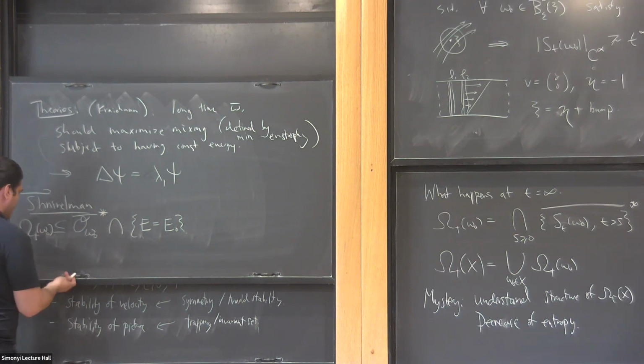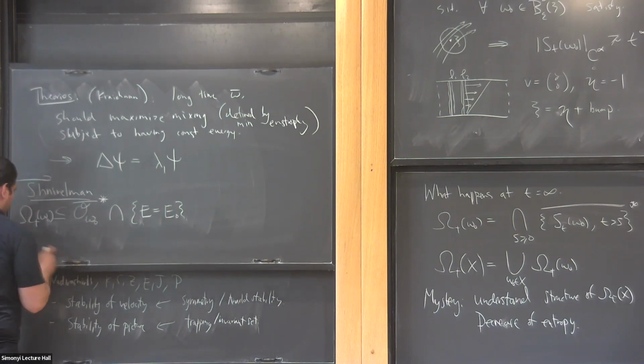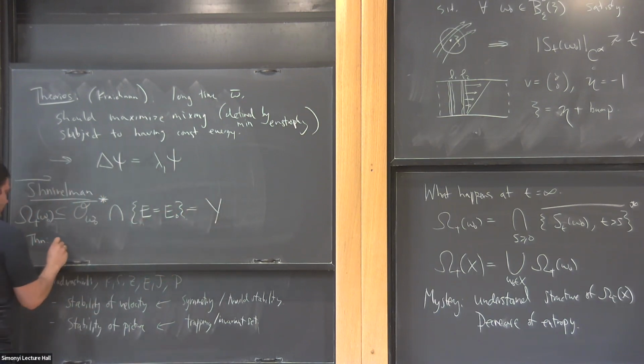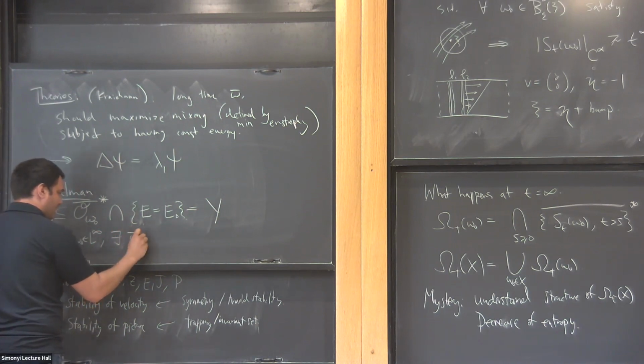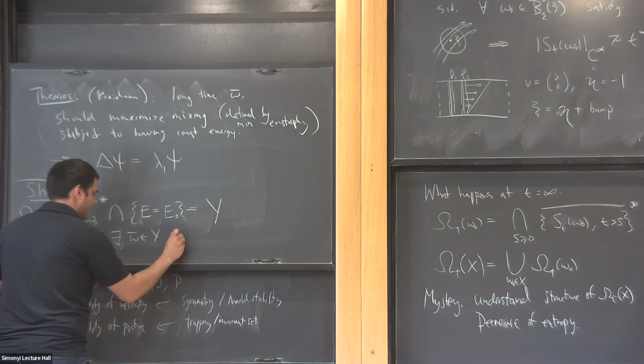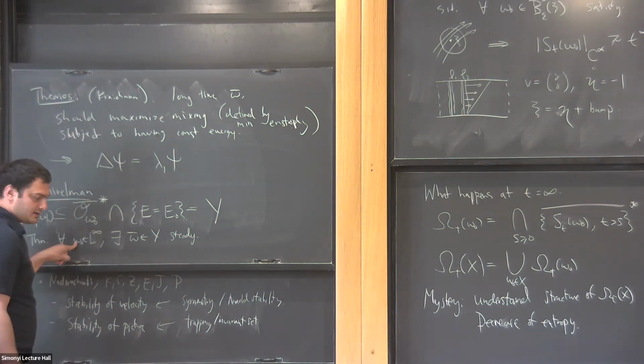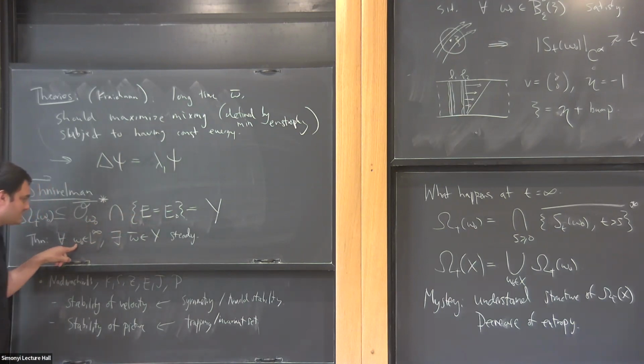Nevertheless, let's call this set Y. Schnellman proved that for all omega 0 in L infinity, there exists an omega bar in Y which is steady. Namely, there is some mixing of any bounded initial vorticity that has the same energy as that initial vorticity, which is a steady state for Euler.